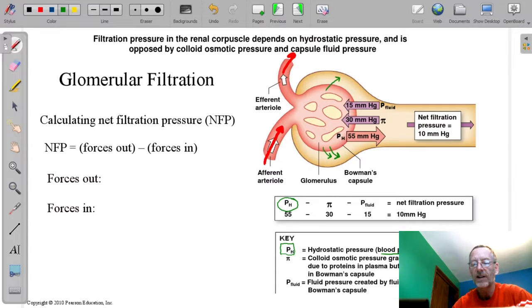And then you have a couple other forces drawing the blood back in. And we had the colloidal osmotic pressure. We looked at that before. That should be familiar to you. And we're again talking about capillary exchange. And that was determined by the proteins in the plasma. And the primary osmotic protein, do you remember what that one is? The albumins.